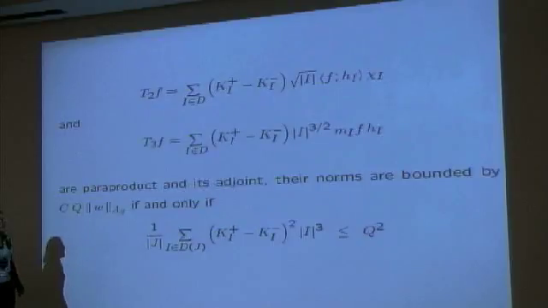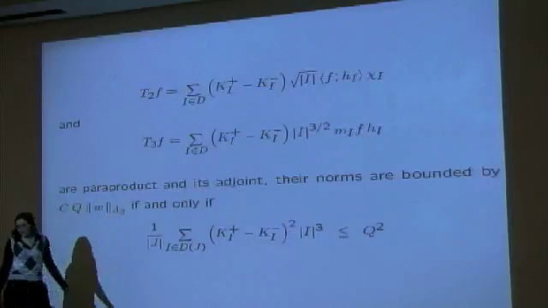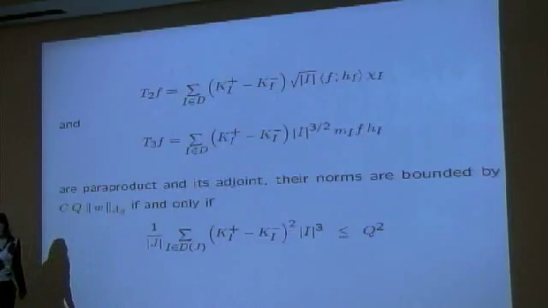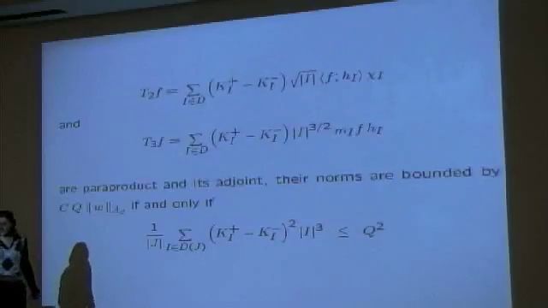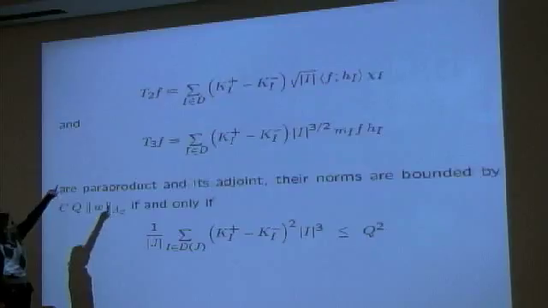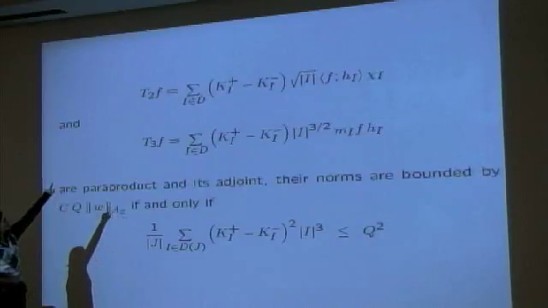Okay? Now, the operator T2 is the adjoint of my dyadic paraproduct. Since my A2 conditions are absolutely symmetric, then T2 will be bounded on L2 of W, right?